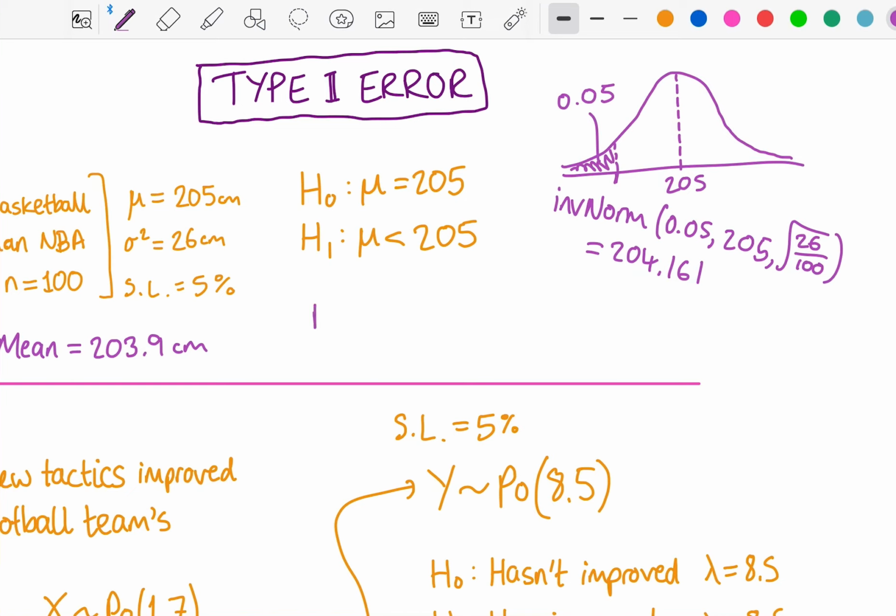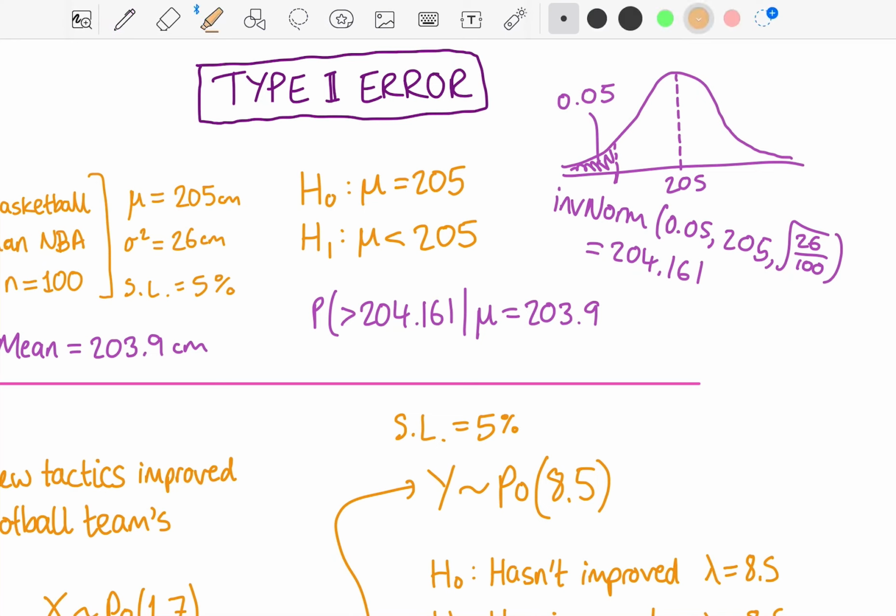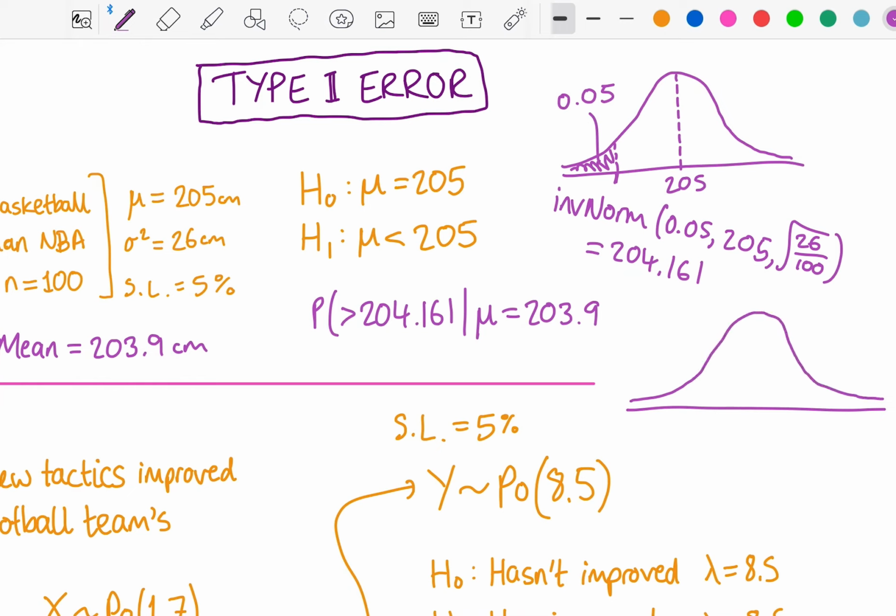So that is now the probability of getting greater than 204.161, given the mean really is 203.9. And you can visualize a new normal distribution of European players, and we're going to assume the same variance here, where we have 203.9.